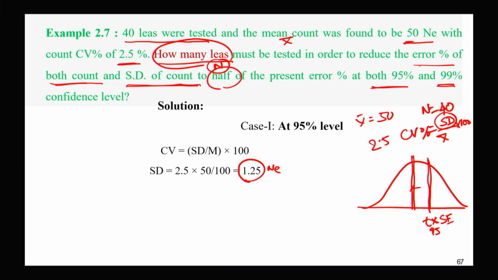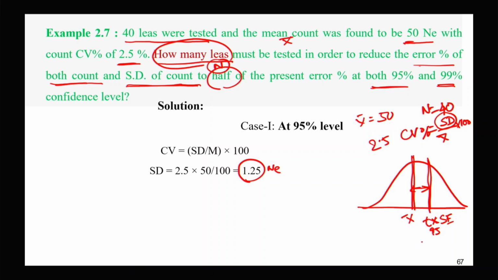This is the error, that means deviation from the mean. This is the mean value, deviation from the mean. This is actually maximum error possible.